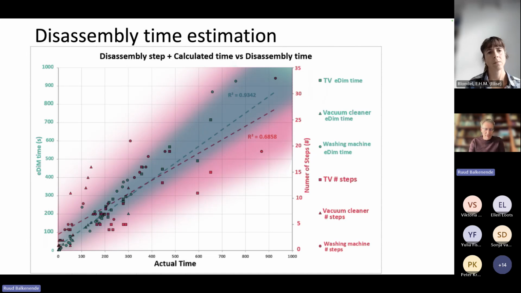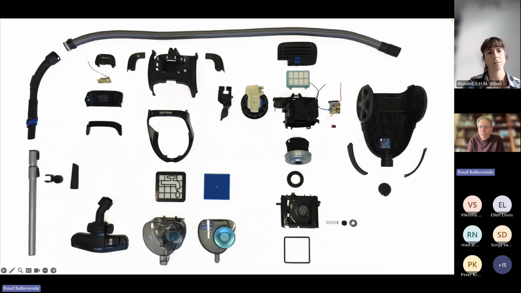And this will be a step forward in assessing, but also in providing guidance to designers to design in a way that makes a product as easy as possible to disassemble. So that was a side step. Let's get back to our vacuum cleaner.